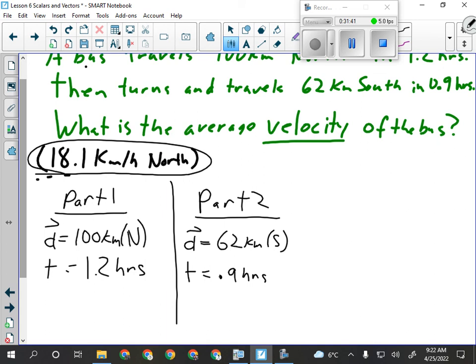Now, what a lot of people do at this point is they do extra work that's wrong. What they do is they calculate the velocity for part 1, they calculate the velocity for part 2, and then they take what they've learned about calculating averages and apply it to this situation. How do you calculate averages? Like if I wanted to calculate the class average on a quiz, how would I do it? Exactly.